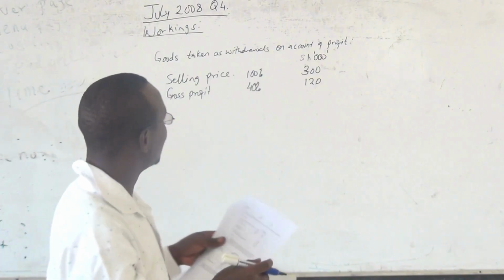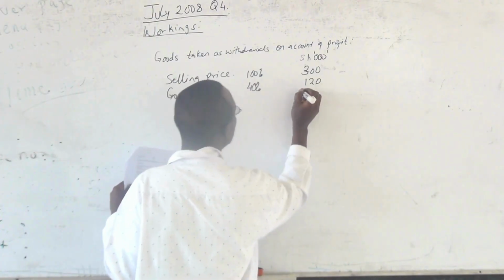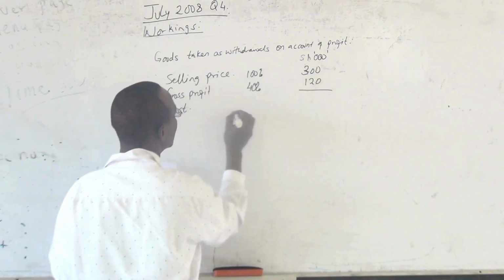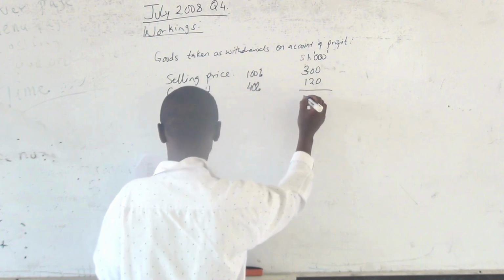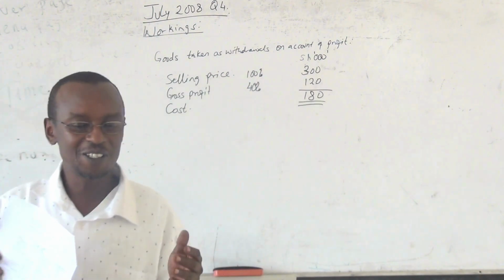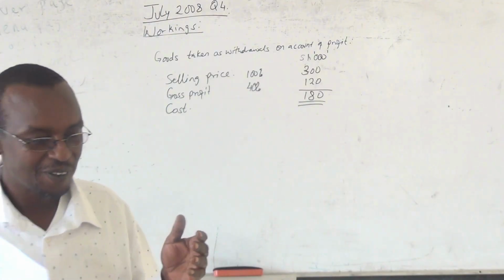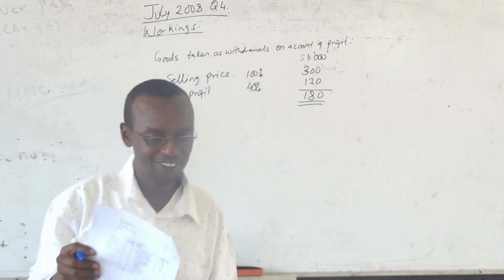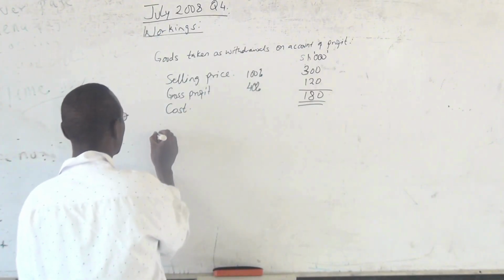So it means the costs of these goods is how much? Yes? 40. Selling price minus the gross profit to get the costs. Okay? Yeah.